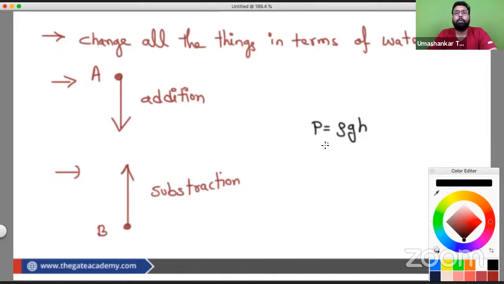Yes, sir. Now for a given pressure, this is how our pressure can be represented in terms of the height of a column of liquid. Yes or no? Please answer me. And if we have tried to measure our blood pressure also, we have a digital one, but forget about the digital one.